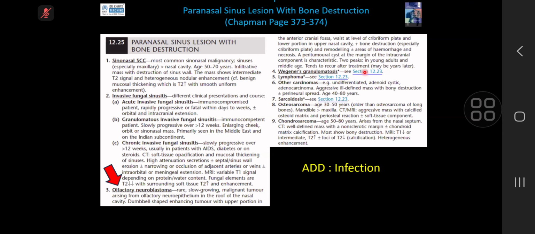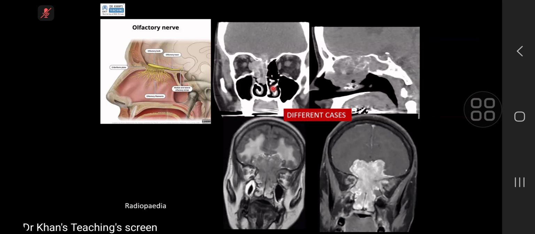So our case was 77 years, but it was in the second age bracket. So this is from Radiopaedia. These cases are also from Radiopaedia. This diagram is also from Radiopaedia. And you can see that it will arise from these nerves.